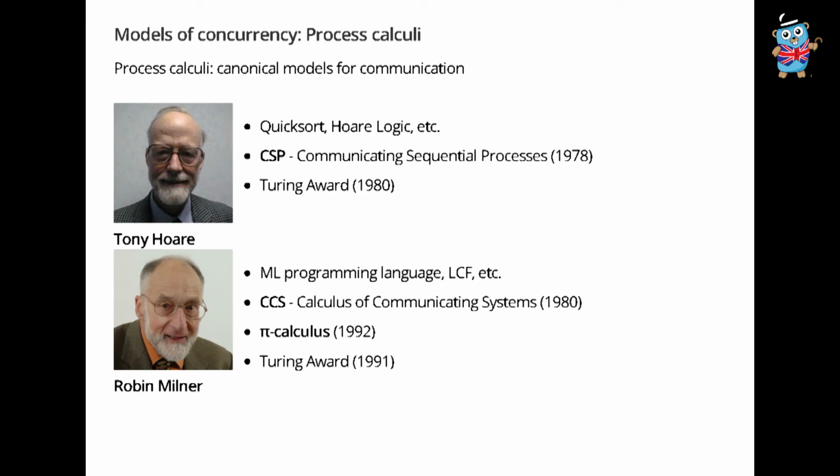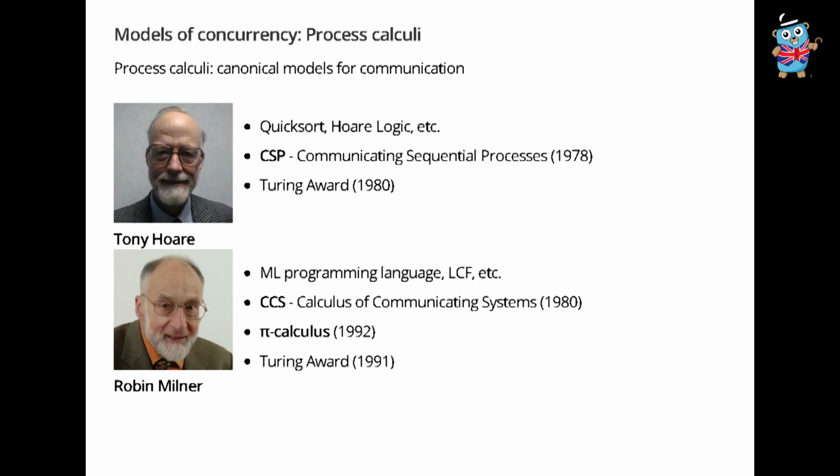Around the same time Tony Hoare invented CSP in 1978, Robin Milner, yet another pioneer, came up with CCS, or Calculus of Communicating Systems. Then he followed it up later with pi calculus. Robin Milner also worked in many other things like the ML programming language, LCF, and others.